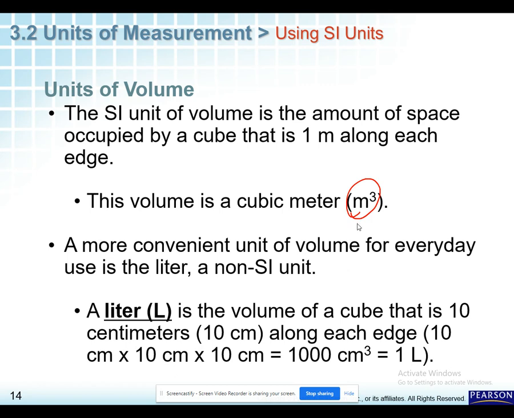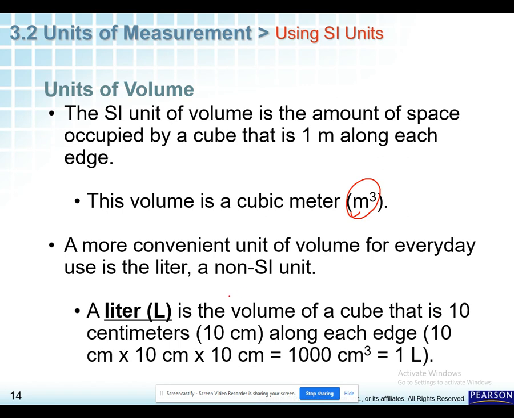However, just like we mentioned earlier, we don't measure all our volumes in meters cubed. Sometimes there's a more convenient unit of measurement to use that is non-SI, and a good one that we use in the United States is liter. Liter is something you see at the store if you buy soda, 1 liter, 2 liters of soda. It's defined as the volume of a cube that is 10 centimeters along each edge.